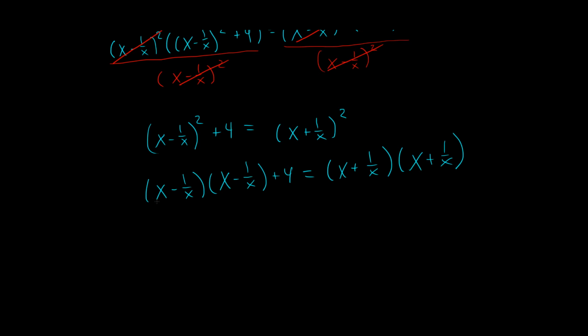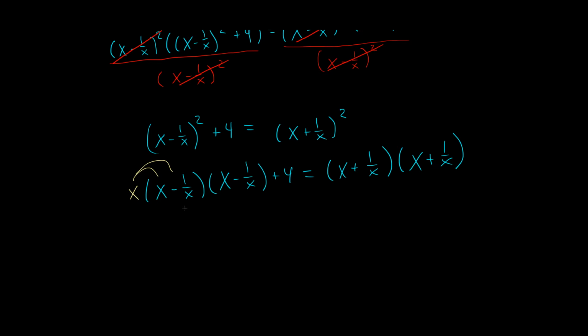So let's see, what can I multiply this first term by to get rid of this fraction? Well, I can multiply it by x, right? Because if I multiply it by x, then this will become x squared, and this will become minus 1.